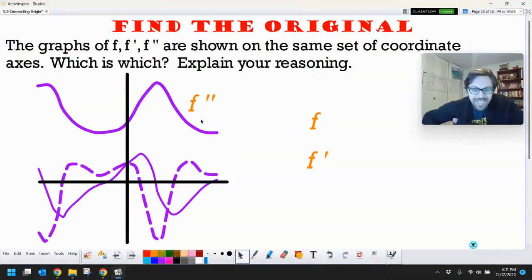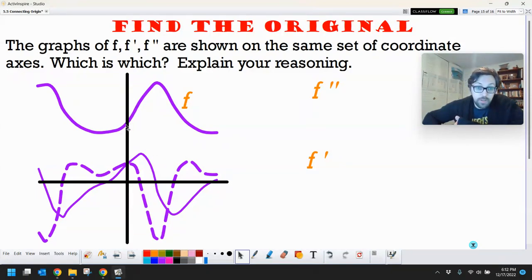If it was the second derivative, that would mean that the original function was always concave up. And if you look at both of these curves, they've got areas where they're concave up and areas where they're concave down. That must mean, since it can't be the first derivative, can't be the second derivative, this must be the original function.